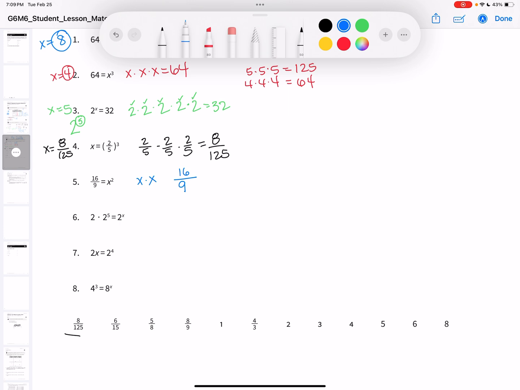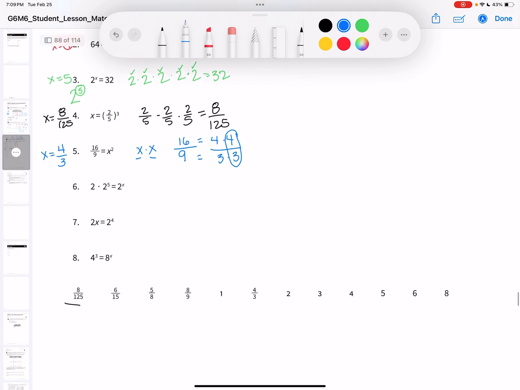Well, I know 4 times 4 equals 16, and I know that 3 times 3 equals 9. So x has to be that, right? Because x times x equals 16 ninths. So x equals 4/3. Okay? A lot of this is just reasoning.